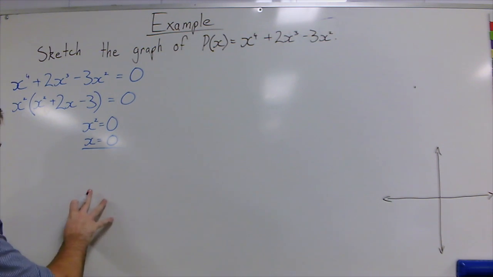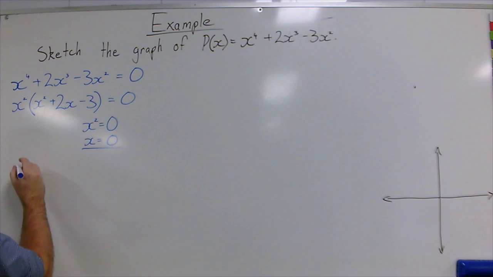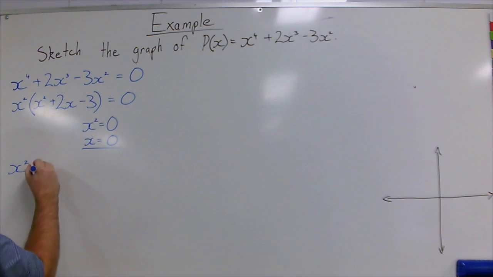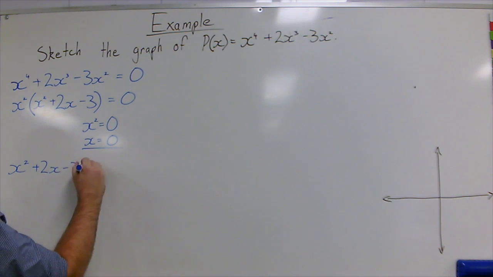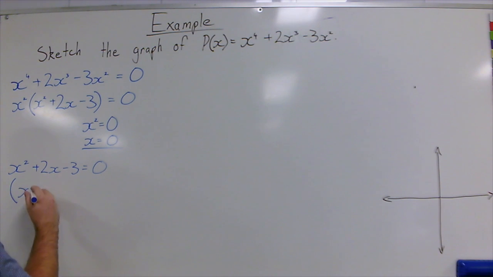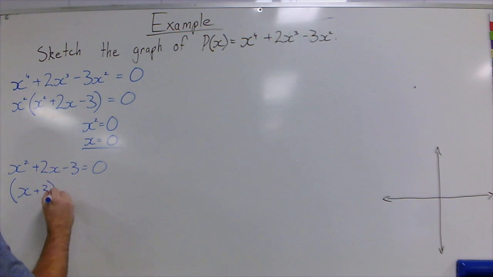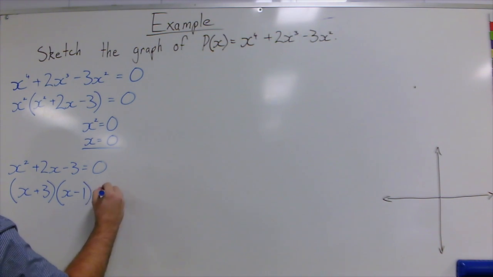Then we also need to have a look at that quadratic in the middle. So we deal with that: x squared plus 2x minus 3 equals 0. Factorize that, so that'll become (x plus 3)(x minus 1) equals 0.